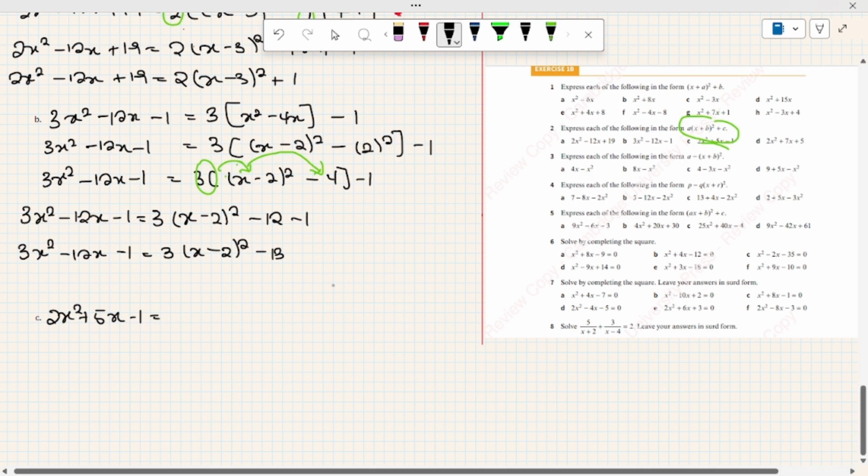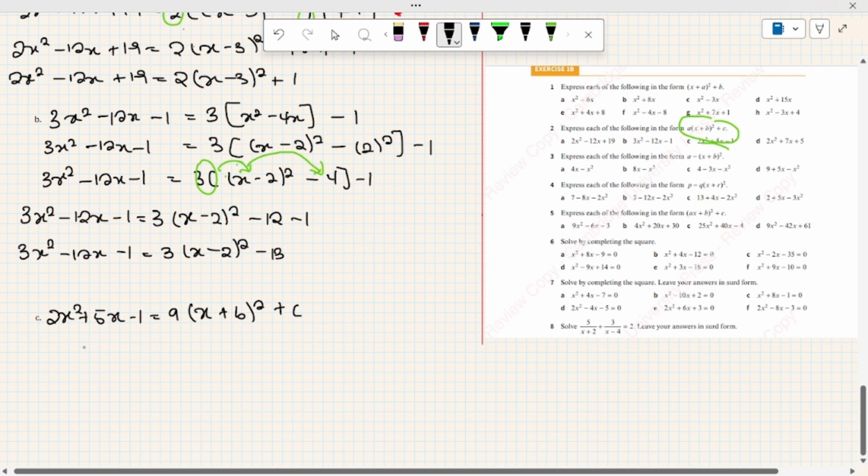I would advise you guys to expand the bracket, because this question is much different from the question that we did previously, even though it's related. a times (x plus b) squared plus c. All right, so I would advise for us guys to expand the brackets.